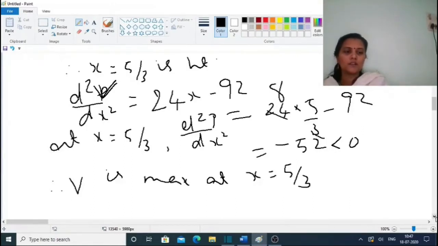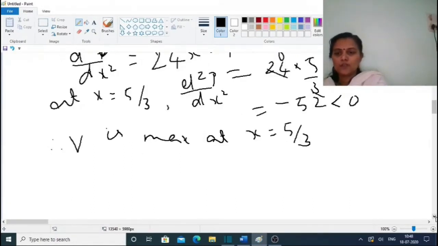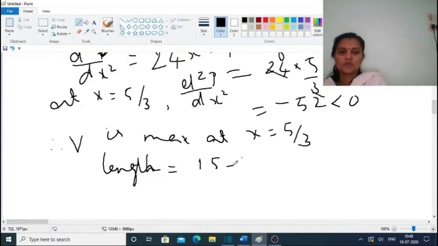And so volume, x is height, so length is equal to 15 minus 2x, which is equal to 15 minus 2 into 5/3. 45 minus 10, 35/3.